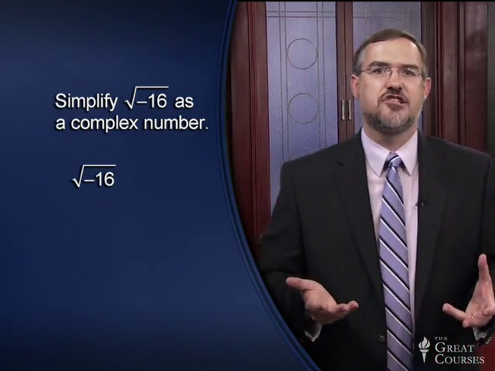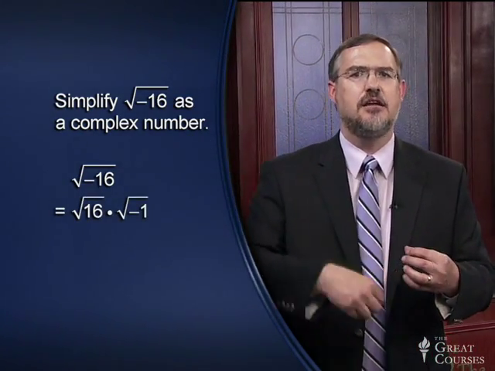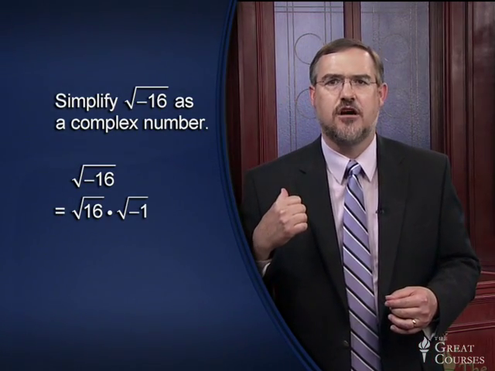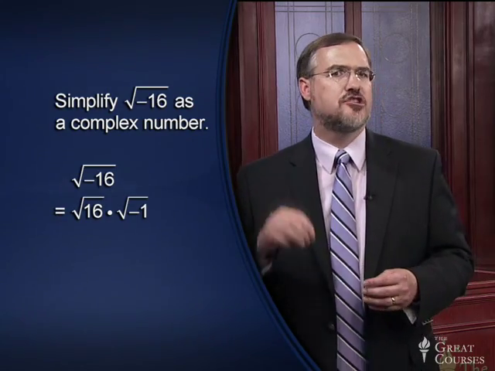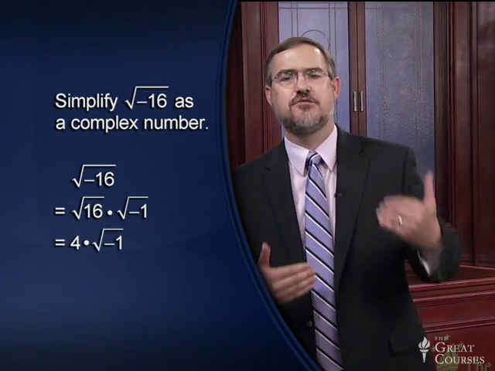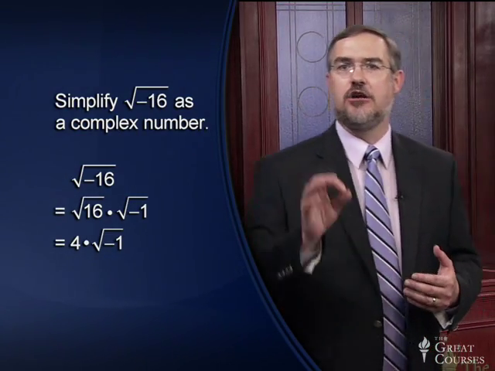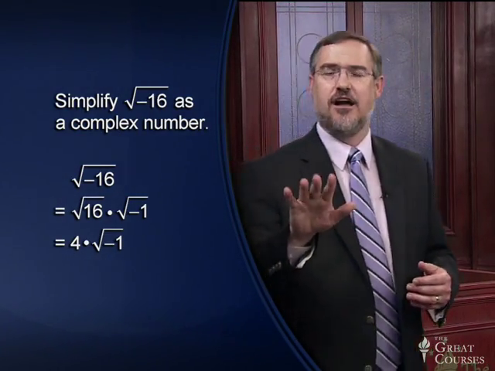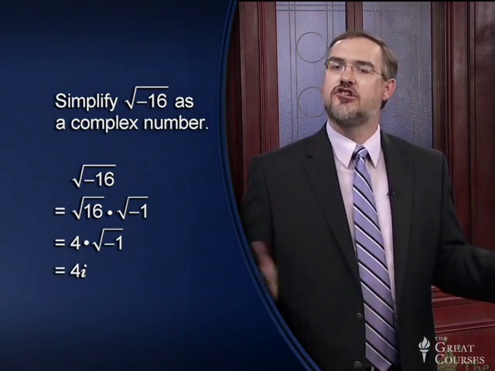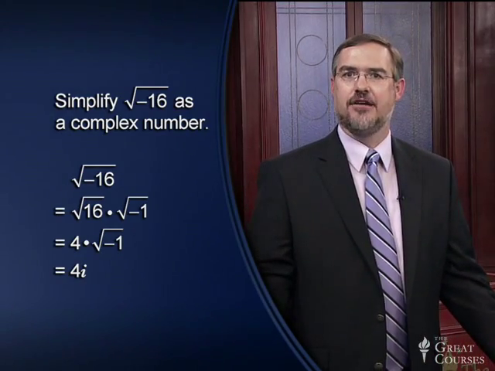The square root of negative 16 is the same as the square root of 16 times the square root of negative 1, that just uses the rule we were talking about a few minutes ago. And the square root of 16 is just 4. We've known that. So now I have 4 times the square root of negative 1. And I'm saying that the square root of negative 1 equals i. And it always equals i. And therefore, my final answer is 4i. So as long as we work in the complex numbers, that would be my answer.